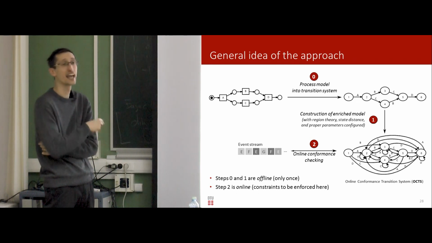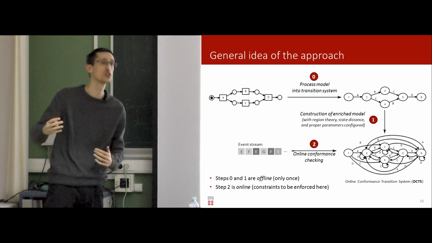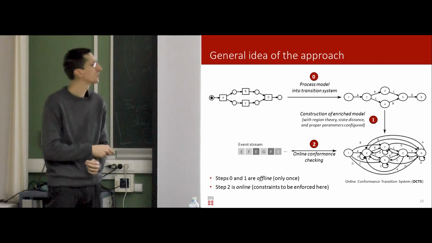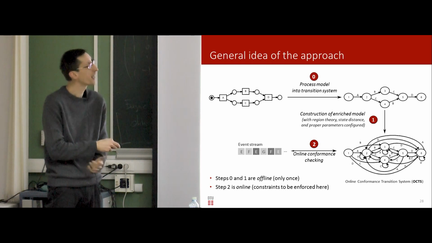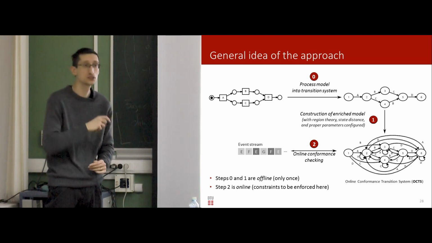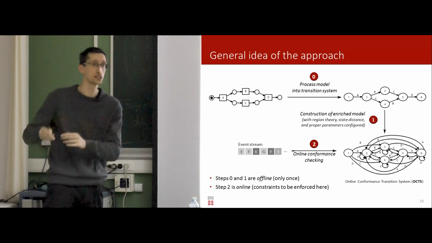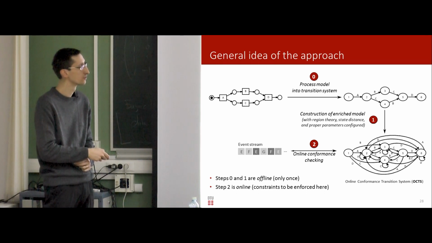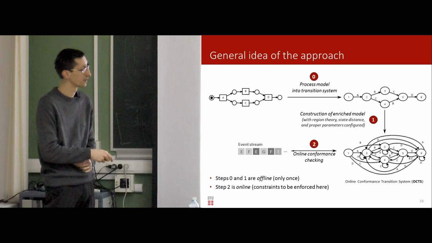But this is basically making explicit all the possible states that this process can be in. So here we have all possible states, but not all, and we have all allowed transitions from one state to another one. But as I said, we also want other transitions, depicted here as dotted lines.